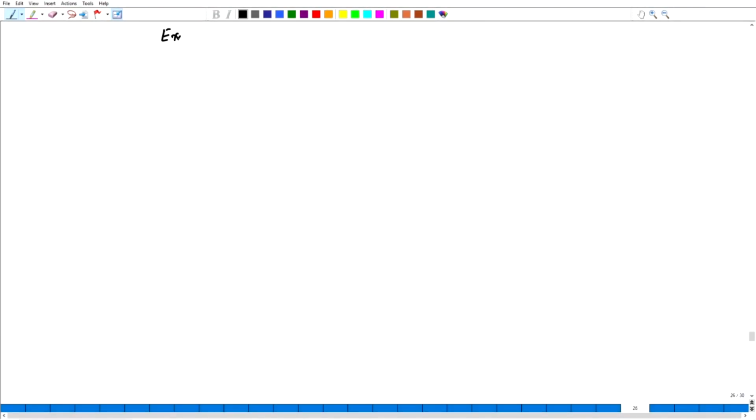So, there are two popular algorithms to choose the values of alpha k. One is called the exact line search algorithm, and the other is called the backtracking line search algorithm, which will come a little later.